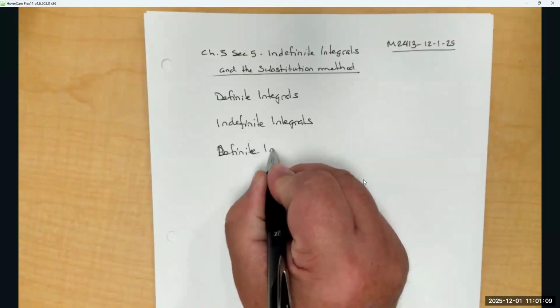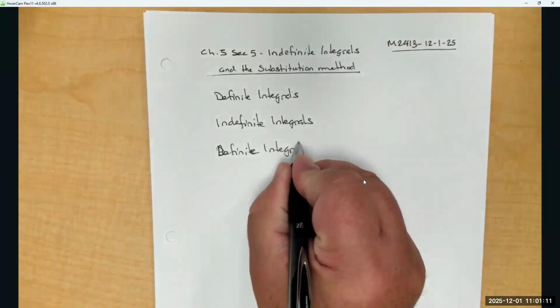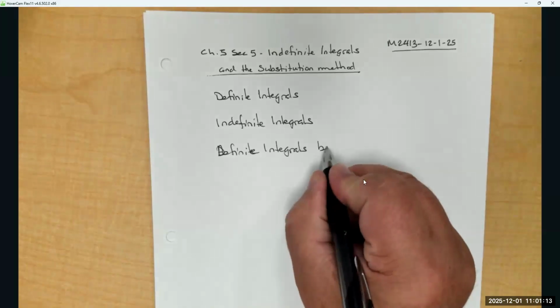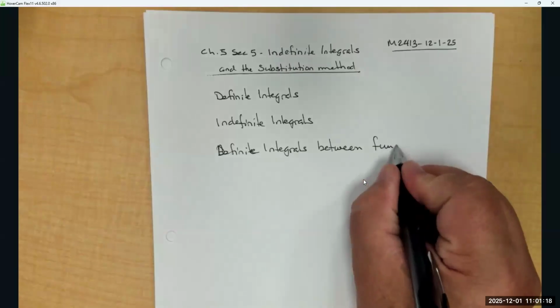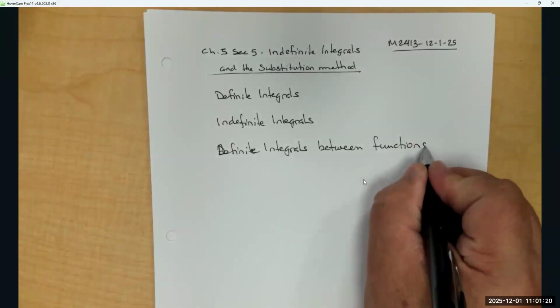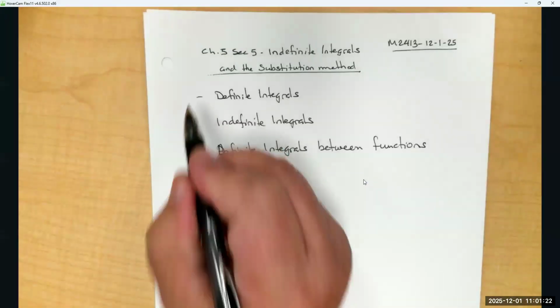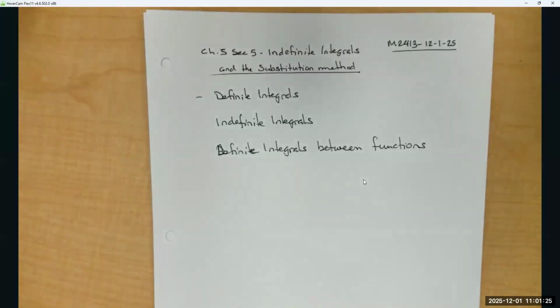Definite integrals between functions. So we've talked about definite integrals. What is a definite integral?